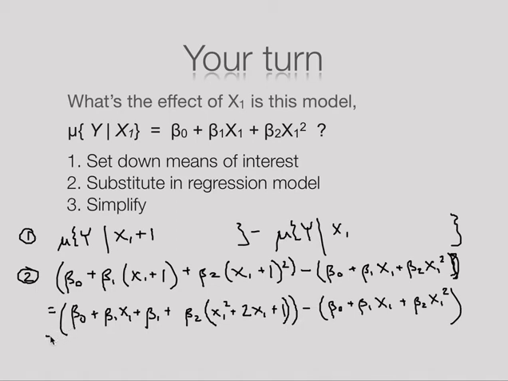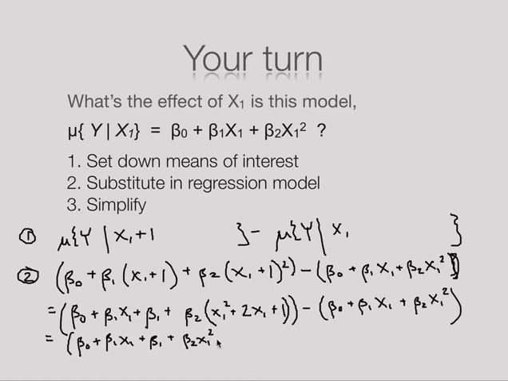And I'm going to go a little bit further. I'm also going to now multiply out this term. So I've got beta 0 plus beta 1 x1 plus beta 1 plus beta 2 times x1 squared. That's the first term.